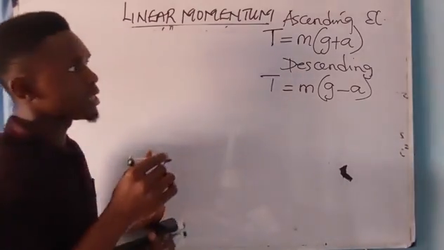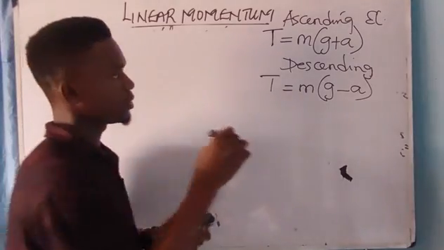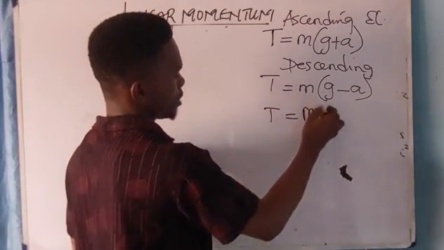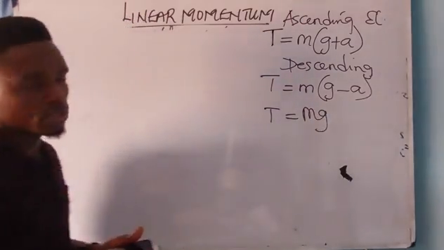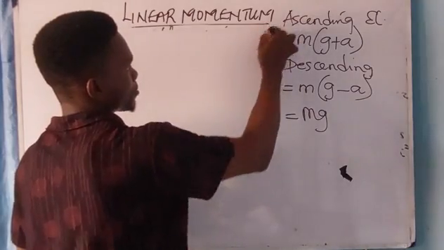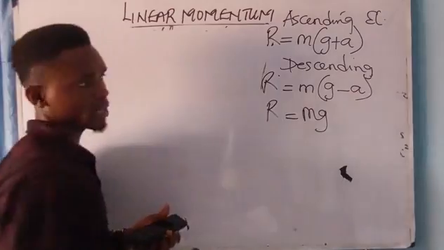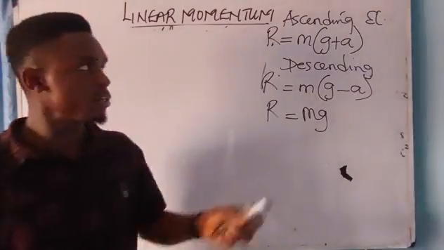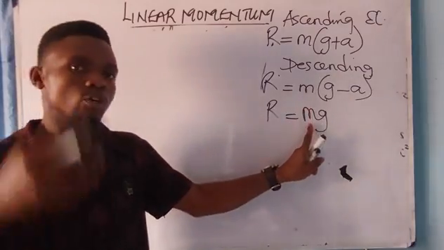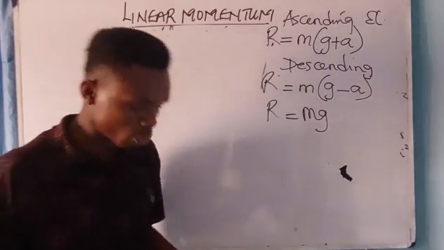Then when the elevator is just going up and down with constant velocity, it is usually T equals mg. So an ascending elevator is this, descending elevator is this, while when the elevator is moving at constant speed, you use this. Take note of that.